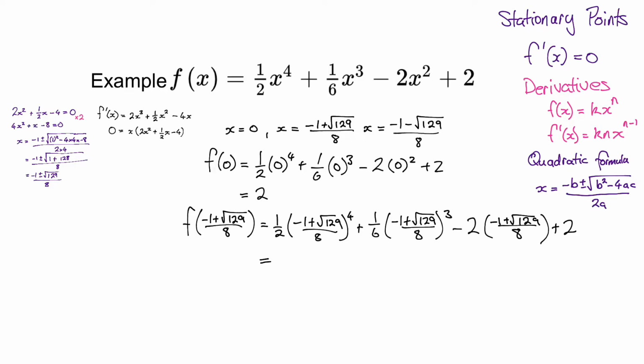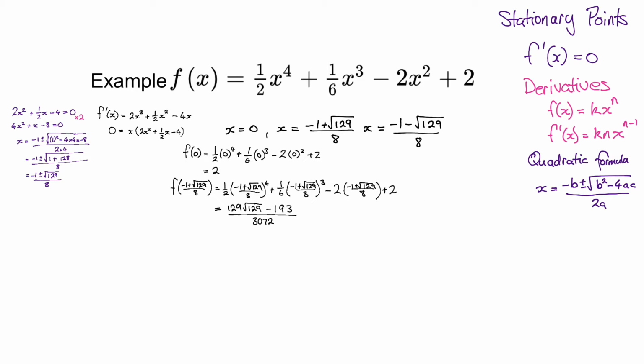So I've plugged it into a calculator and I get the square root of 129, minus 193, over 3072. So that's our first two stationary points.